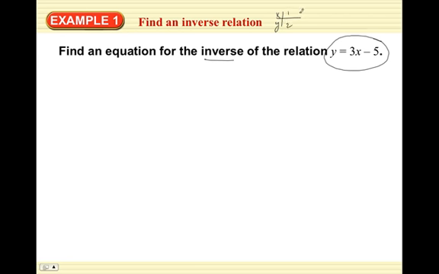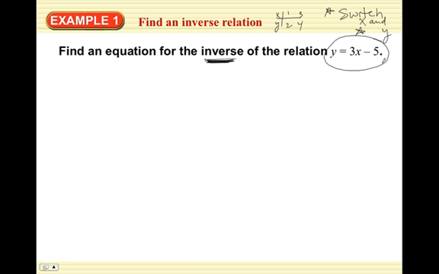You switched x and y. So x was now y, y became x. That's exactly what you're going to do here. Whenever you see, find the inverse of this, you're going to switch x and y. That's the key.